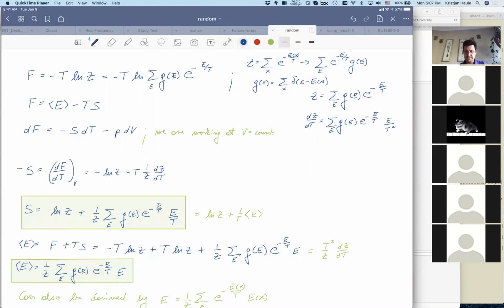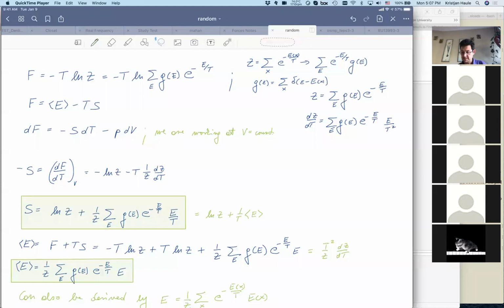Basically, this is to say the density of states is just counting how many states we have at a particular energy. And now if you insert this G of epsilon into here, you will obtain, of course, exactly the original expression, e to the minus E of x over T.